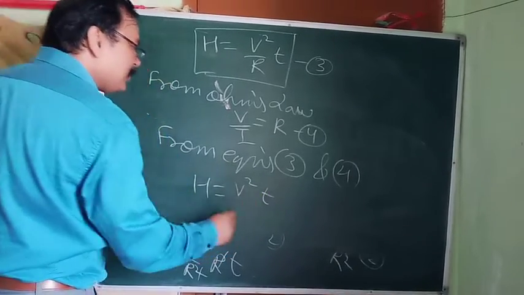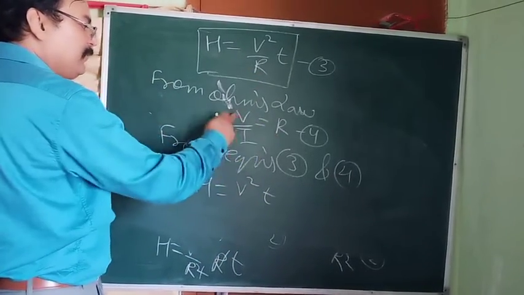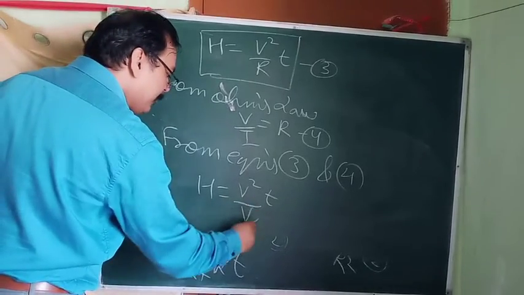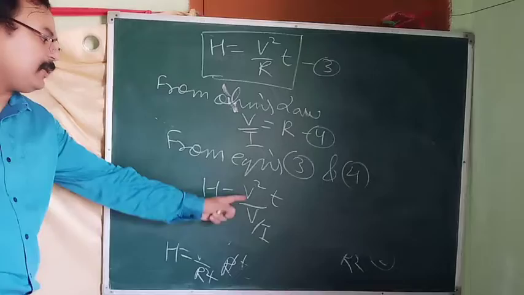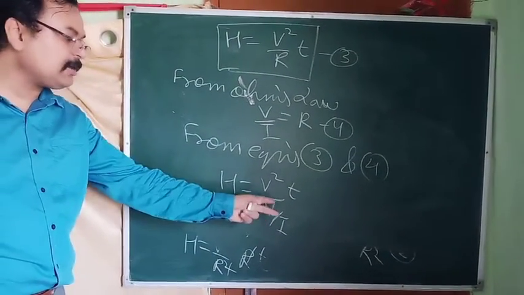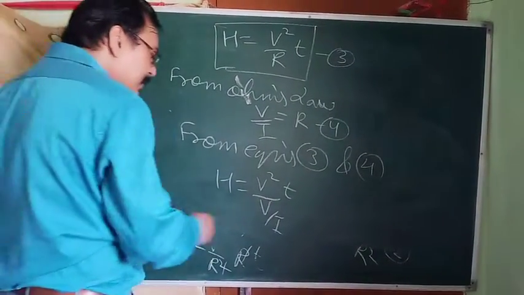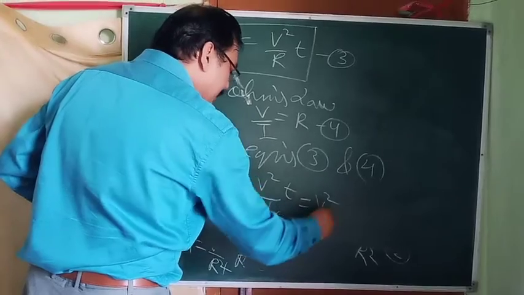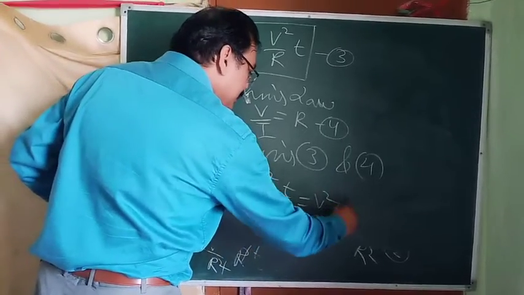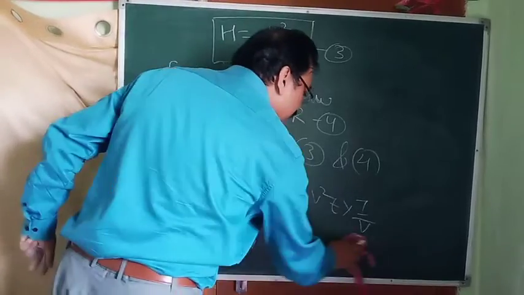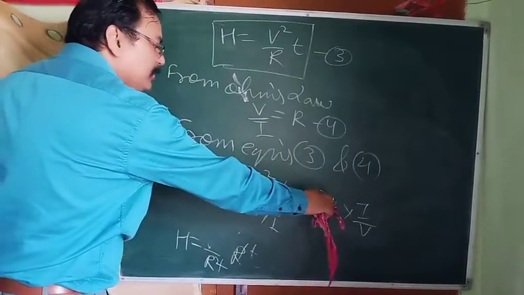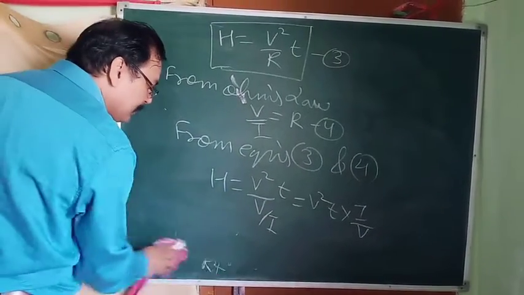T is there, no problem at all. Instead of R, we are going to write V upon I. And you know, when we divide a number by a fraction, we can reverse it and multiply. So we get V square into T multiplied by I upon V. Now, this will cancel out with the square of V.